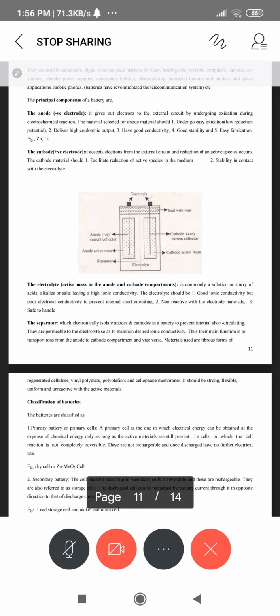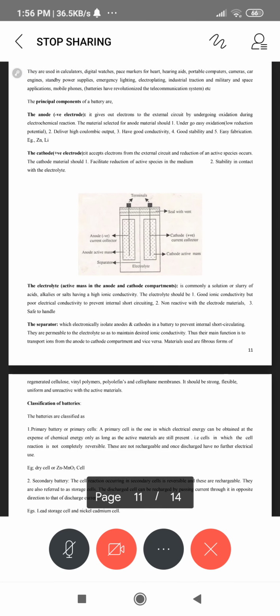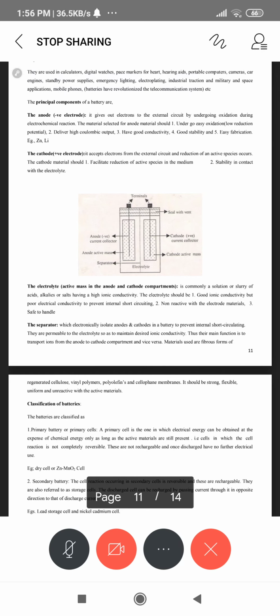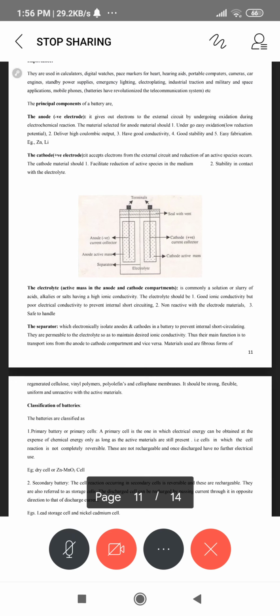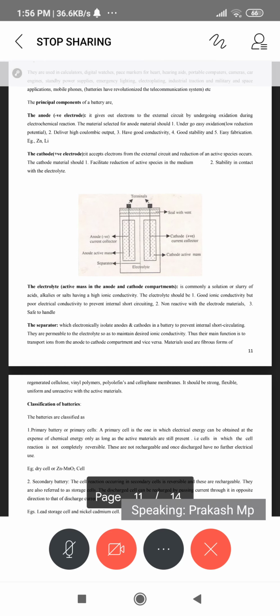Then it has stored the chemical energy in the form of ions. When there is demand, you can connect it immediately and it can discharge.